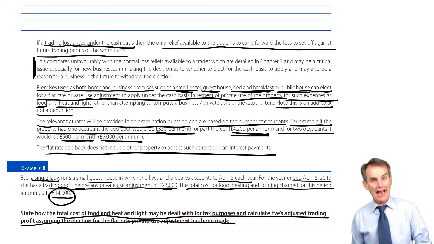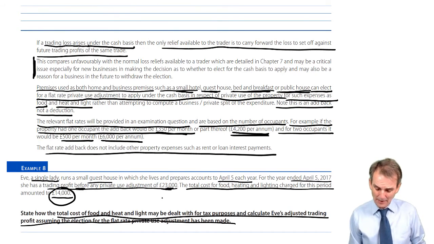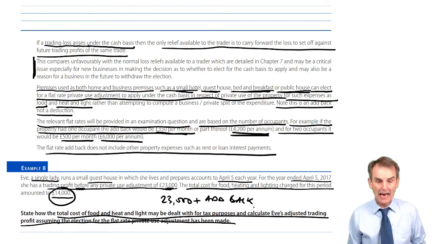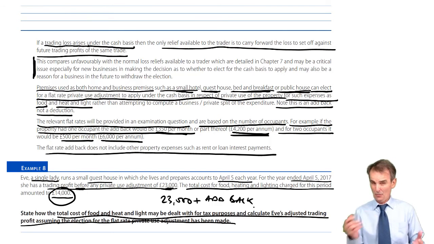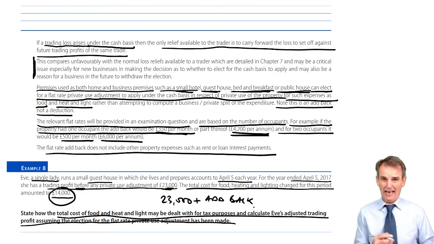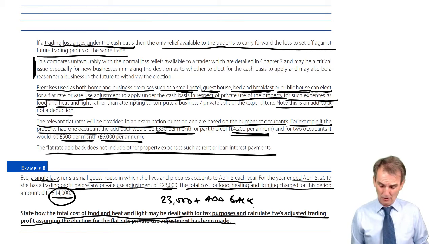We would have to determine how much is private use by Eve, the proprietor, and that would be added back to the 23,000. So you have 23,000 plus the add back, and the add back would be based on the private use. That would be a lot of work to establish what is that private use as compared to the total expenditure incurred.